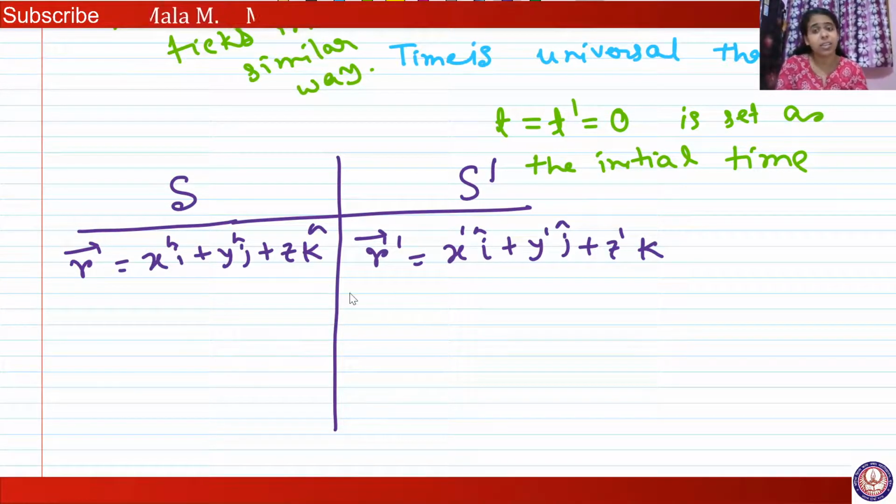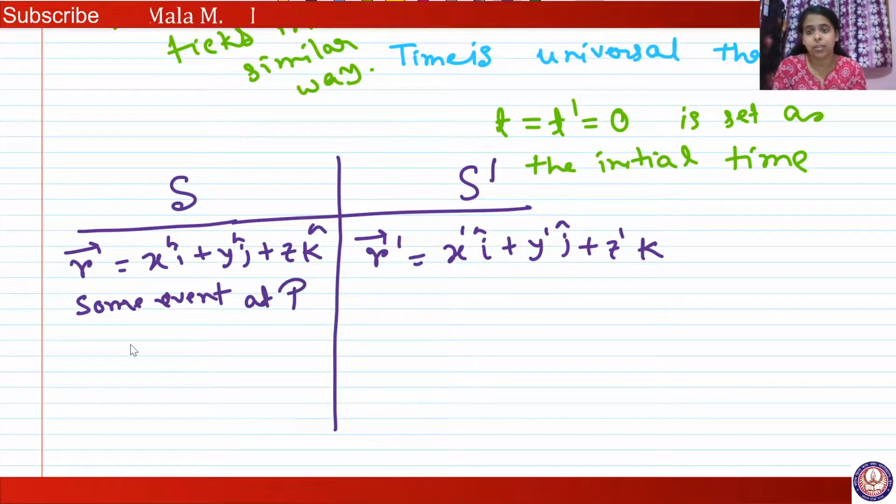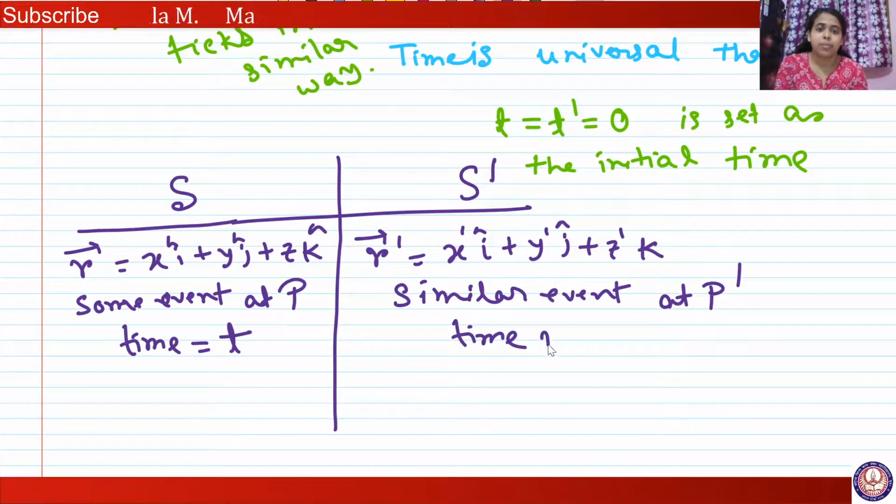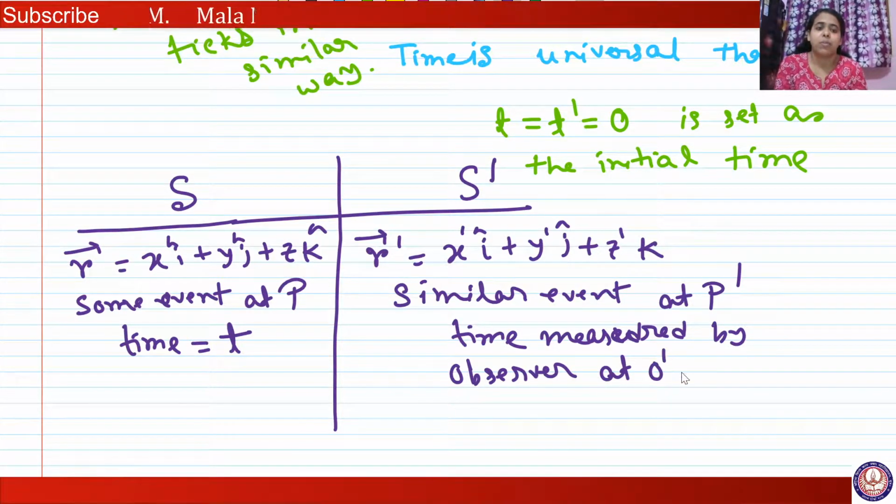Now let's say some event is occurring at P. So what is the time? As the observer at the origin of S measures, he measures time t. Similarly, the event at P, the time measured by the observer at O prime, what will it be?